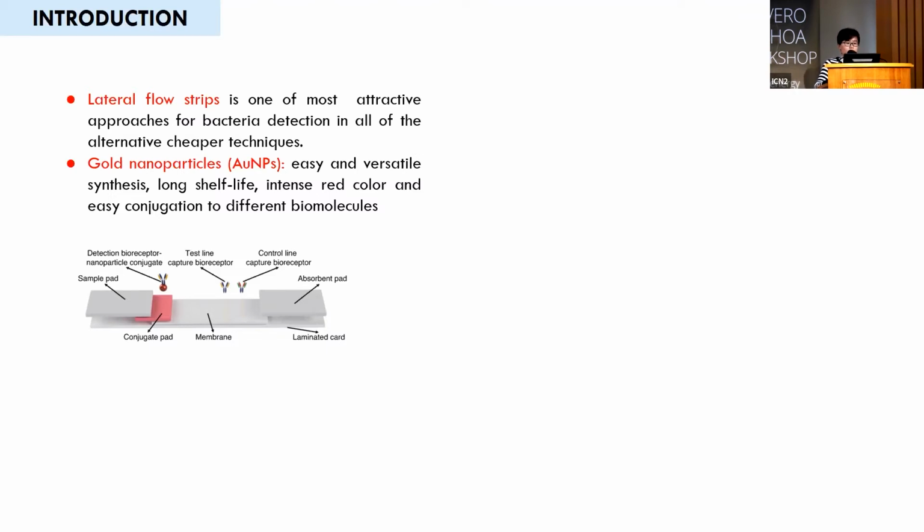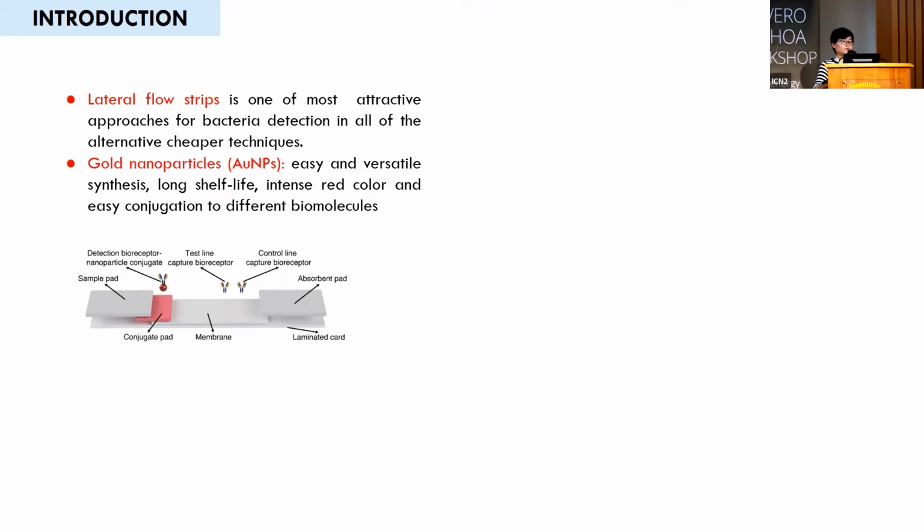In these biosensors, the labels, or transducers, are one of the key elements. Nanoparticles are mostly selected as labels because they are easy and versatile to synthesize, stable with a long shelf life, and have a very intense red color.